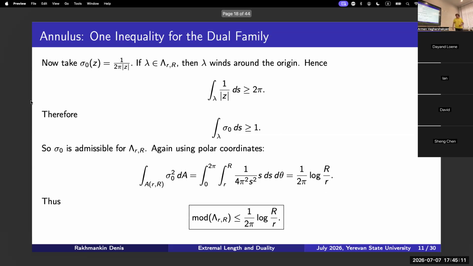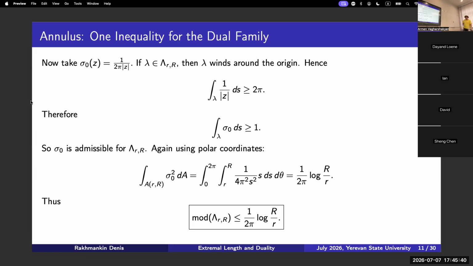Okay, let's do the same for lambda curves. We can consider such a density, do the same calculation, and get 1 divided by the modulus of gamma as the upper bound, and the same lower bound because our family should contain all such curves.